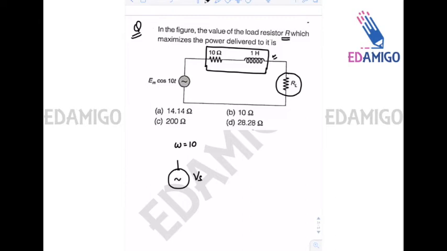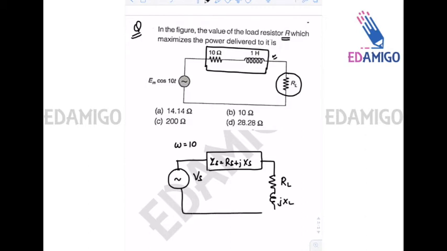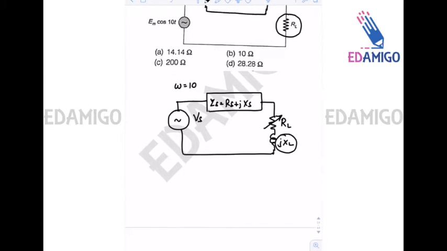So this is your voltage source, this is your ZS, and this is your RL and jXL. We have seen the case where RL is variable and XL is constant, and we know that in such cases RL is equal to the square root of RS squared plus (XS plus XL) whole squared.